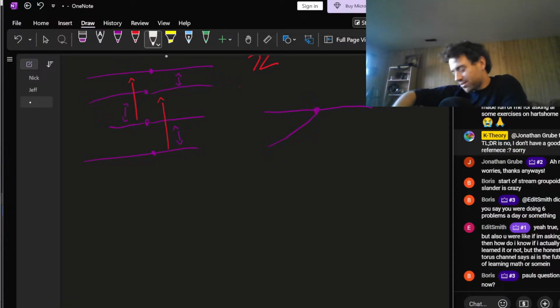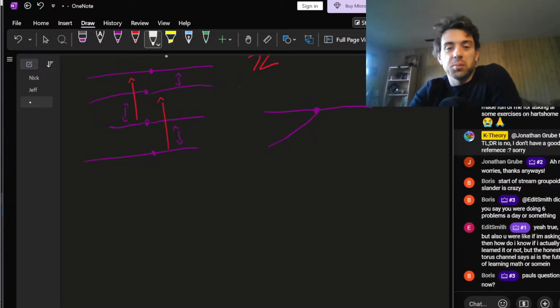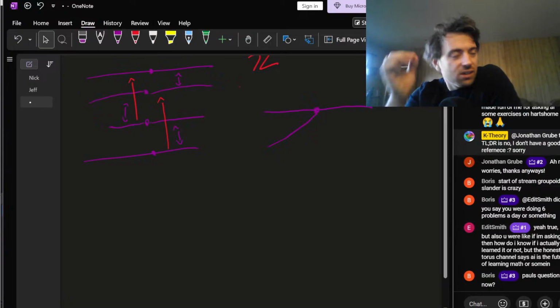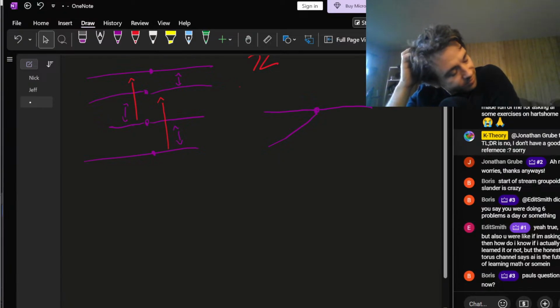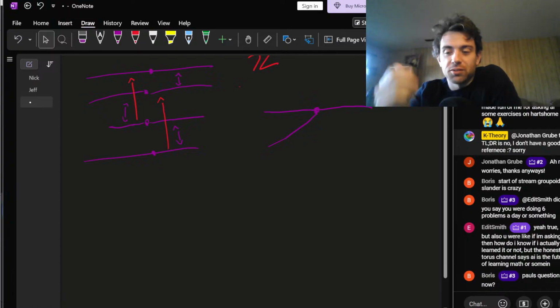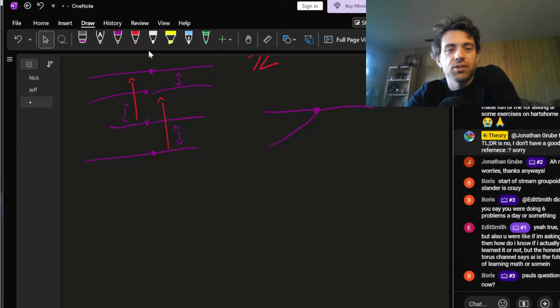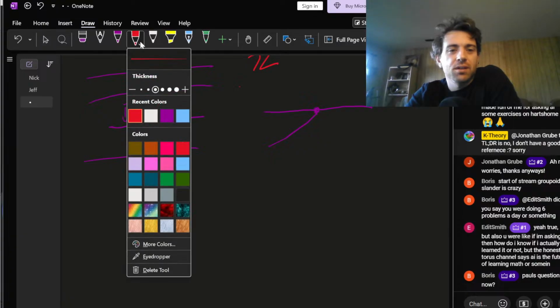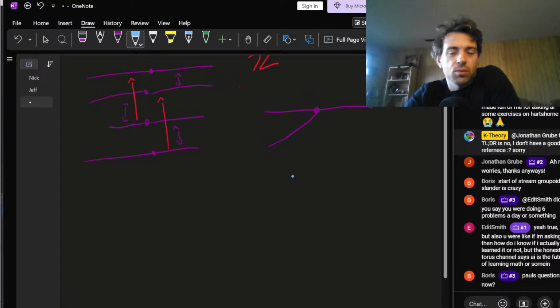Well, the "or something" is kind of a big thing in there. Probably AI is a big part of the future of learning math. Or will be.